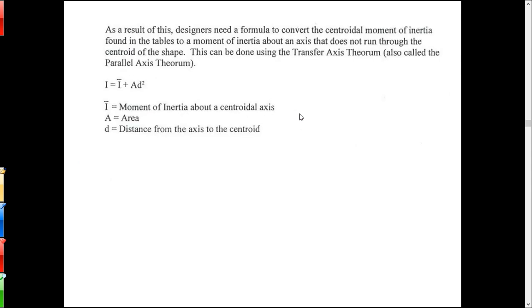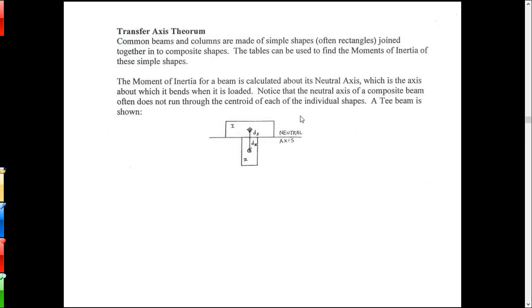And then you use something called the transfer axis theorem to calculate a moment of inertia other than a centroidal moment of inertia. And this comes up a lot when you build composite shapes. You get different rectangles you put together to make T-beams or I-beams or whatever. The centroid of each rectangle is not on the neutral axis of the object. So you have to use the transfer axis theorem to work through that, okay?